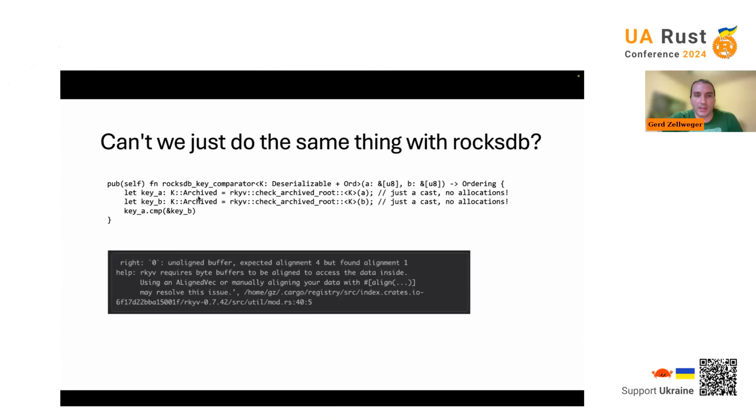And then when you want to make a more proper type key archived here, that might have a different alignment requirement than what RocksDB provides you with this slice here. And so, typically you would start to panic here. Because RocksDB is not built with any alignment requirements for Rust programs, unfortunately, this method of doing things doesn't work.